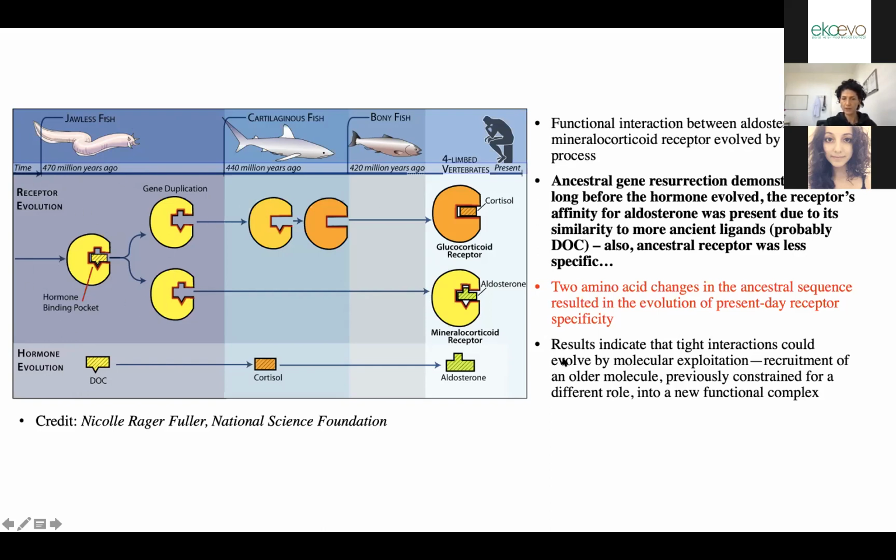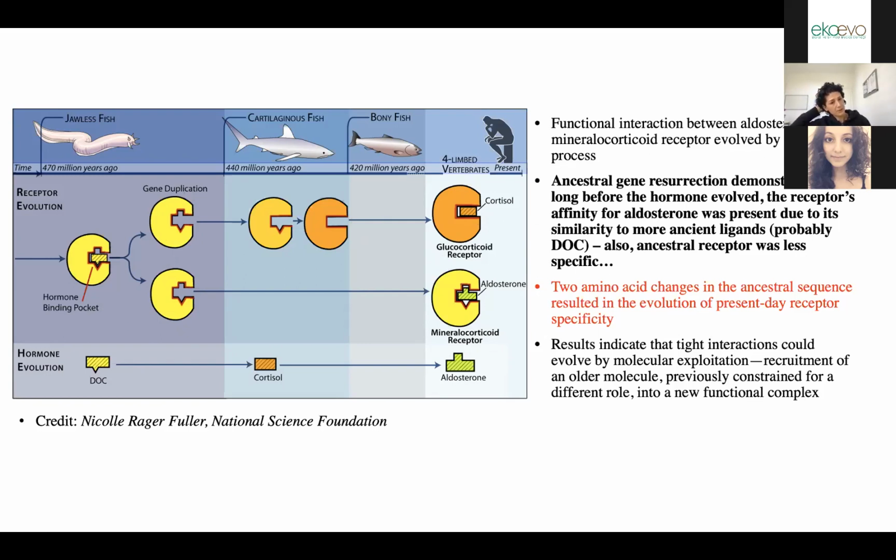But in that period of time, there was no aldosterone hormone, of course. After the gene duplication, one receptor changed through amino acid substitutions, and the active site of this receptor changed and became specific to the cortisol hormone. The other one didn't change and became the aldosterone hormone receptor. But as you can see, the aldosterone hormone evolved in vertebrates only after a very long time period.